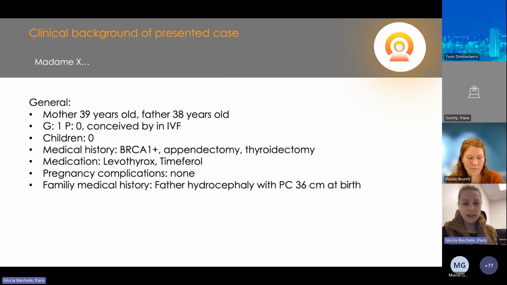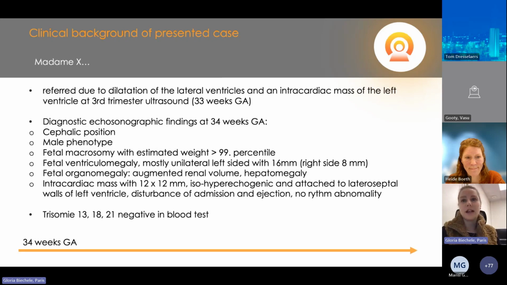No pregnancy complications were known, but in the medical family history, the father had a slightly augmented cranial perimeter at birth, so he had a mild hydrocephaly, which was all. They were referred to our center due to a dilatation of the lateral ventricles and an intracardiac mass of the left ventricle at the third trimester ultrasound, which was conducted at 33 weeks.